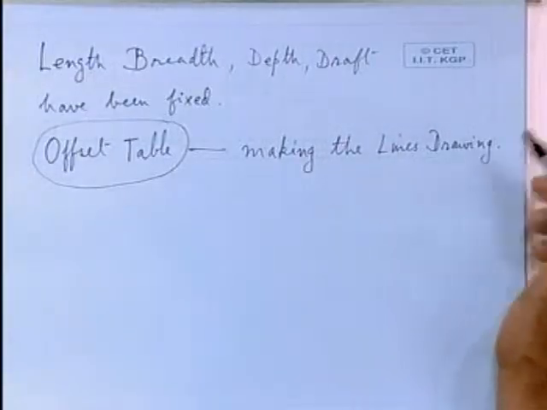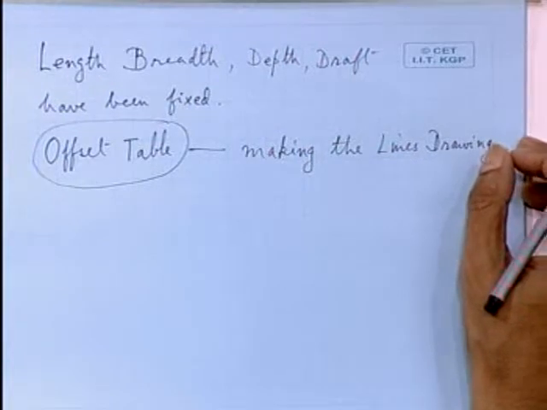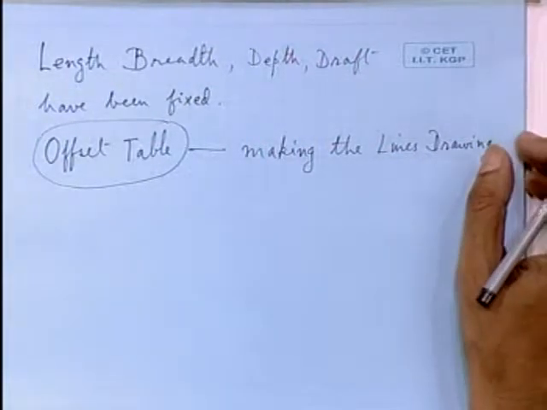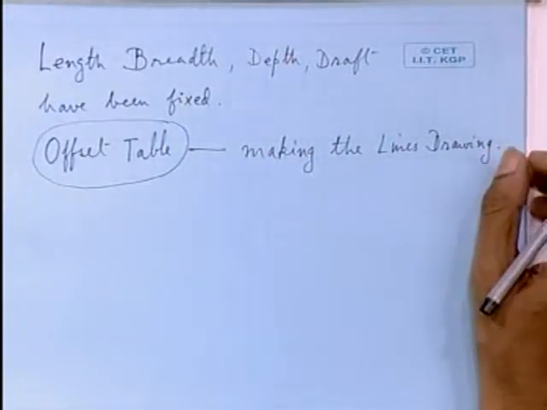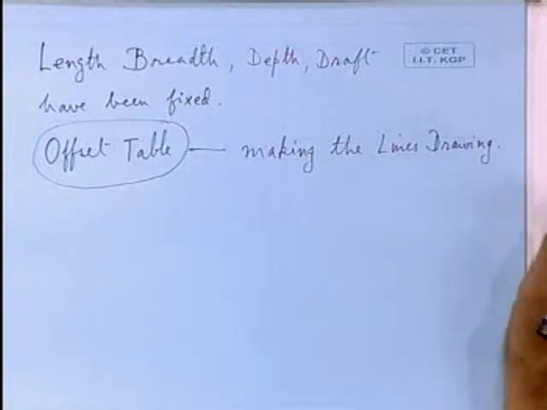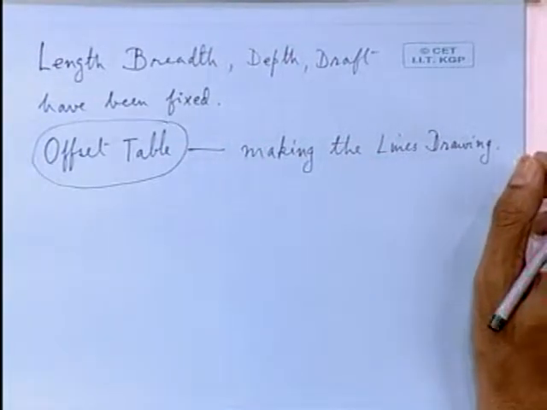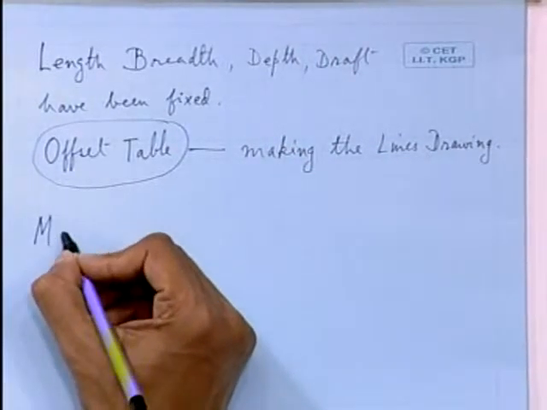Suppose your lines drawing does not give the perfect breadth, or it is not smooth or uniform, then your ship will not be able to be propelled at that speed, or it will not give the maneuvering characteristics. Maneuvering is another important parameter which is very much dependent on the hull form characteristics.